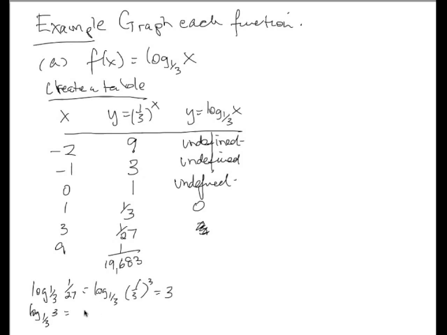Now if you write this in log form, 3, of course, is 1/3 to the power of -1, because 1/3 to the -1 is 3. So now I've got it in base 1/3, so this is actually -1. So we can put -1 there.